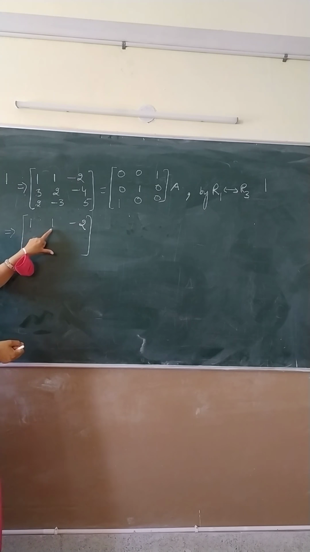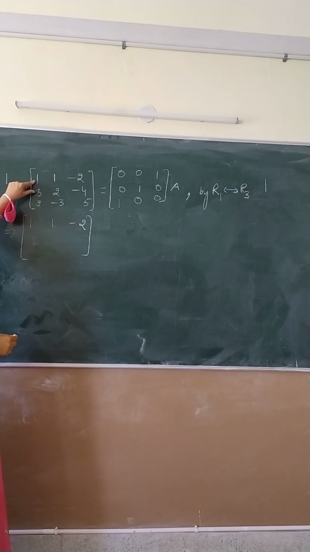Now 1, minus 2. Now make this 0: multiply this by 3 and subtract from here, you will get 0. Now multiply this by 3, subtract from here, you will get minus 1. Multiply this by 3, you will get minus 6. Subtract minus 4 minus 6, you will get plus 2. Apply the operation, make it 0.